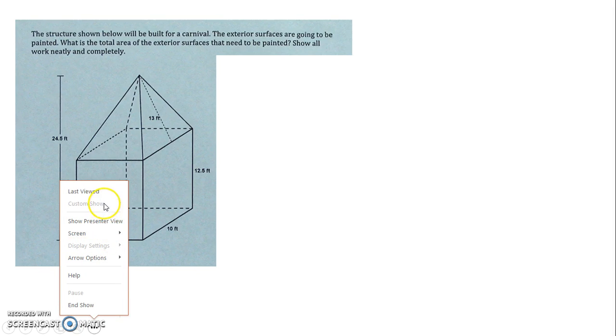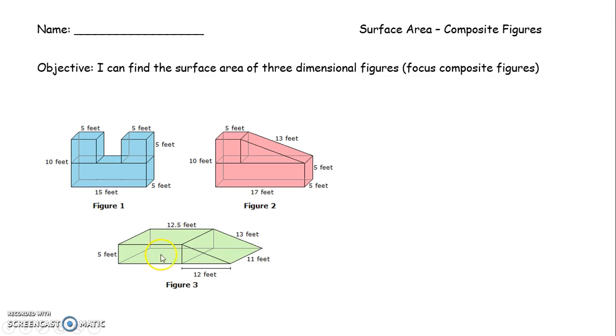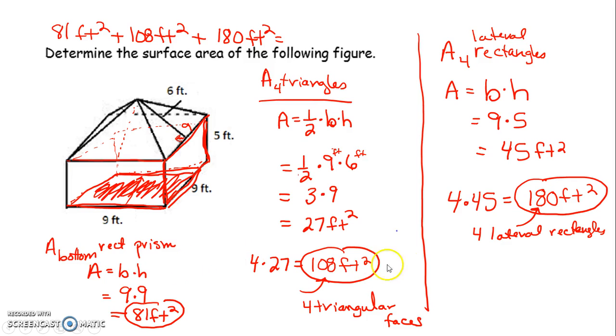Okay, I'm going to add all those together, and I'm going to get 81 plus 108 plus 180. 369 is what it looks like to me. So 369 square feet would be the surface area of the outer surface of this beautiful composite figure.